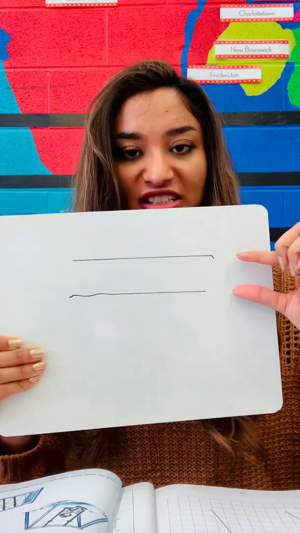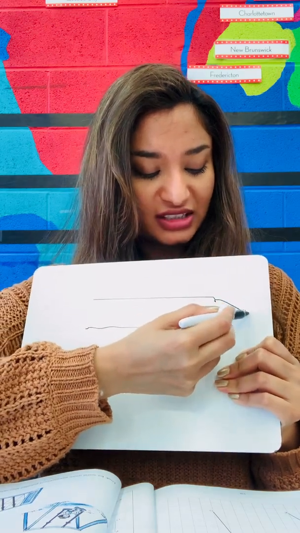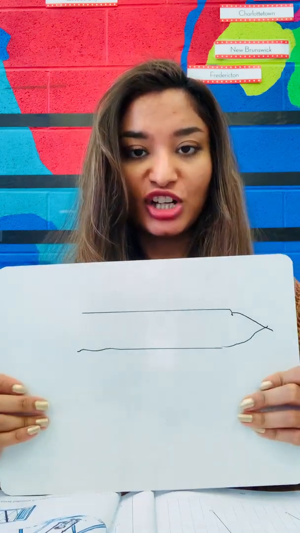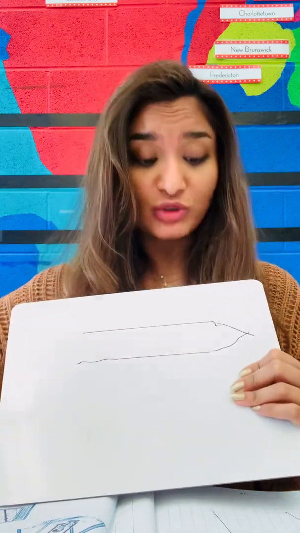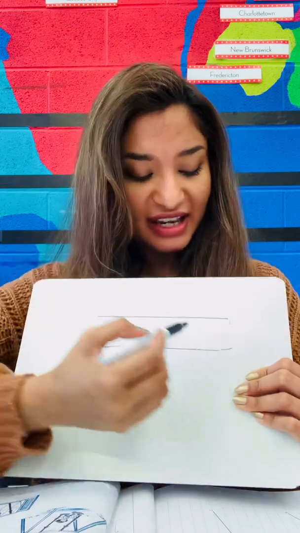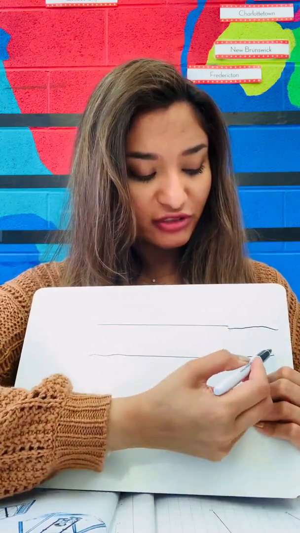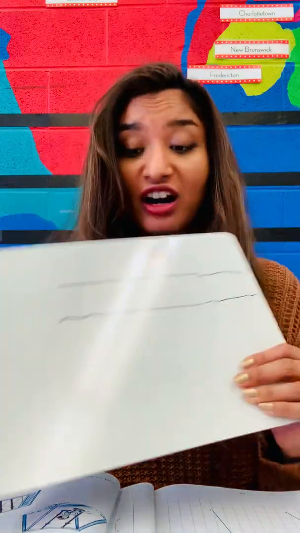Would they ever become like this? Does that even look straight? No, it doesn't. So these will remain parallel lines. They will keep on going forever and ever. So they are parallel lines because they will never intersect. Intersect means there will never be a point where they will touch.